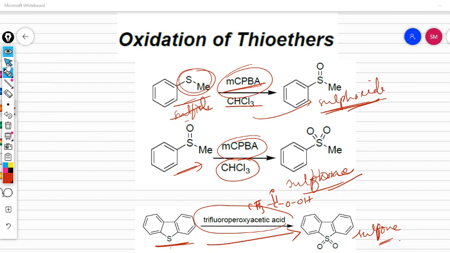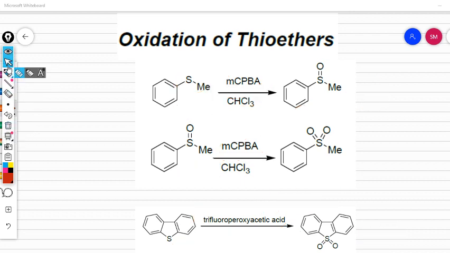These are specific examples which were repeated in previous questions in various examinations. So that's all for oxidation with peracids.